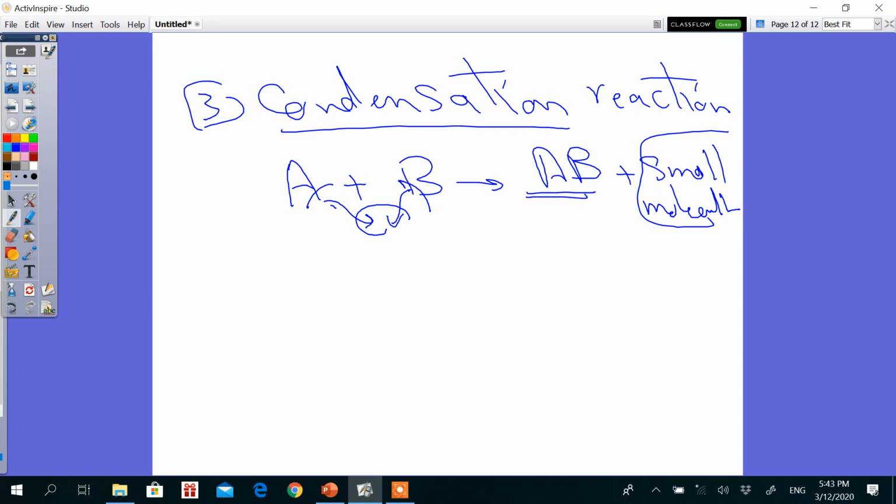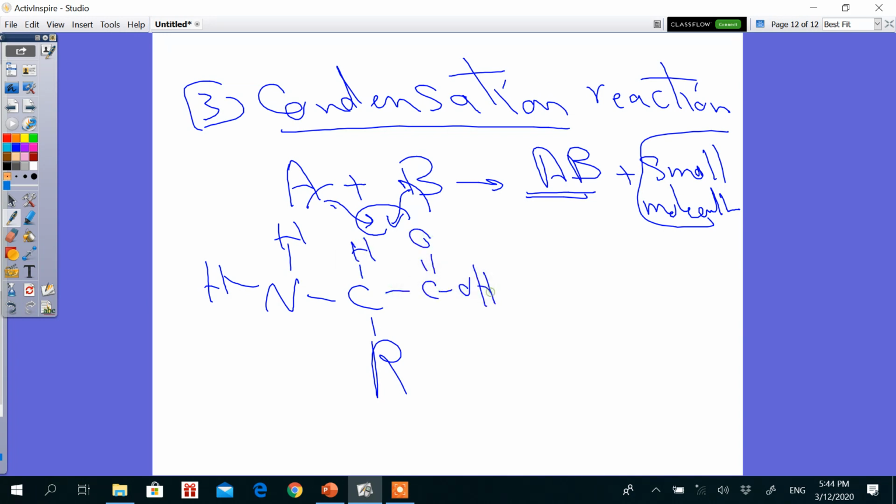How does that occur? If I have an amino acid, NH2, that's amino. Some people call it amino, but usually it is amino. So if we have amino acids like that, C double bond O, OH, and another amino acid, NH2, that's R. But the other one, the difference is that it is R dash.